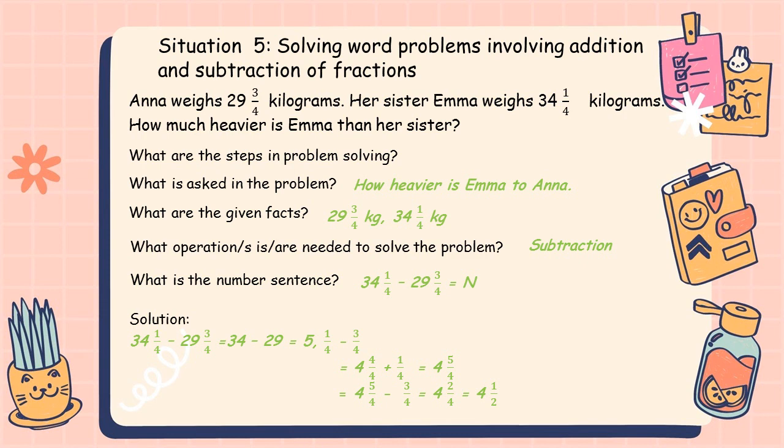But then again, there's a note here that we cannot take away 3/4 from 1/4, so we are going to borrow 1 from the whole number. So this becomes 4 and 4/4 plus 1/4, that is 4 and 5/4. Then subtract now. 4 and 5/4 minus 3/4 is 4 and 2/4. Do not forget to simplify your answer into lowest terms. For this one, the final answer is 4 and 1/2.